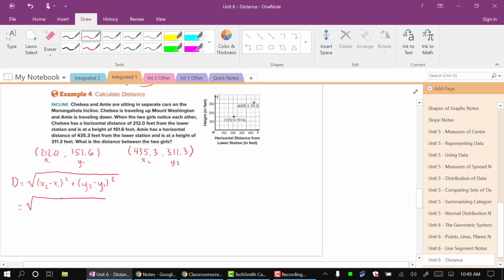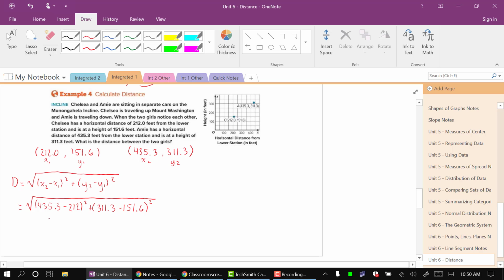Our x2 is 435.3 minus our x1, 212, squared, plus our y2, 311.3, minus our y1, 151.6, squared.